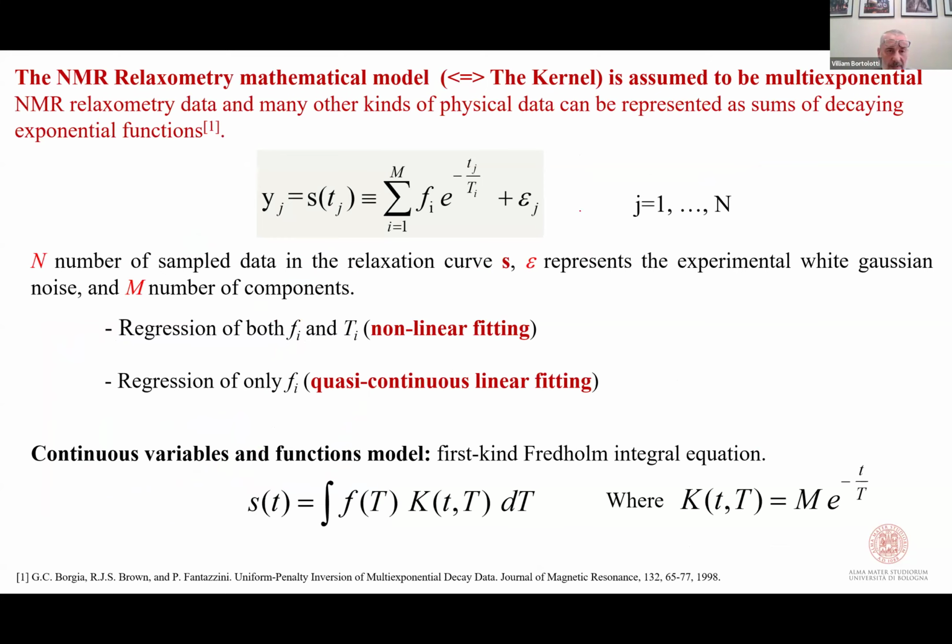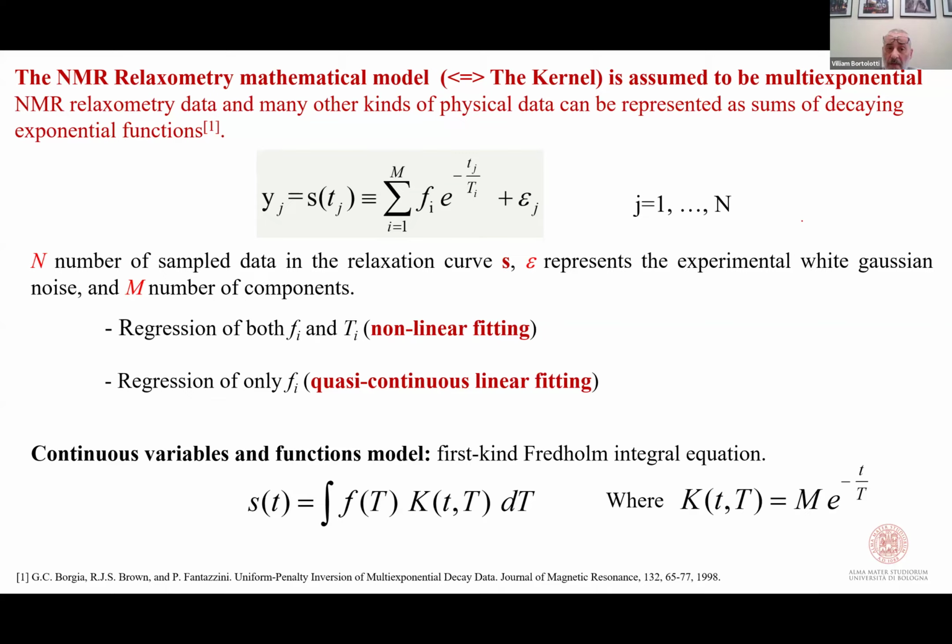Open was developed working in the oil field at the origin and then expanded to other kinds of materials: biological, food, cement, etc. But the background, the model, the kernel on which the phenomena inside the sample are supposed to occur, is multi-exponential, like this.